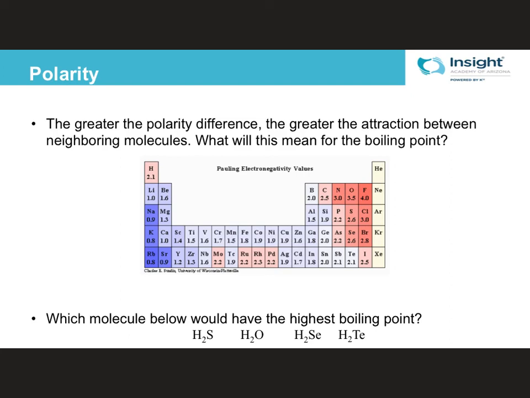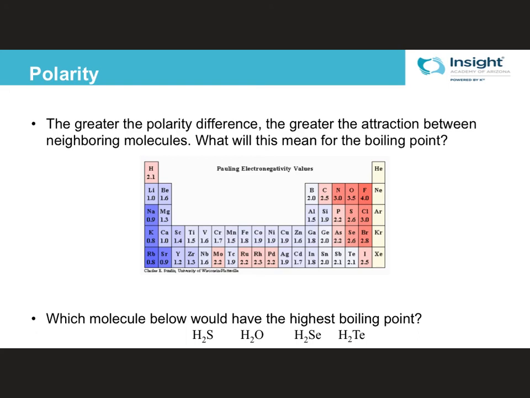One last thing to think about in relation to polarity and these intermolecular forces is, again, the greater the polarity difference, the stronger the forces. If that polarity gets big enough, you're going to have dipole-dipole interactions, or if it graduates to the level of a hydrogen bond, the higher that polarity is, the stronger the intermolecular forces will be, and therefore the higher the boiling point.